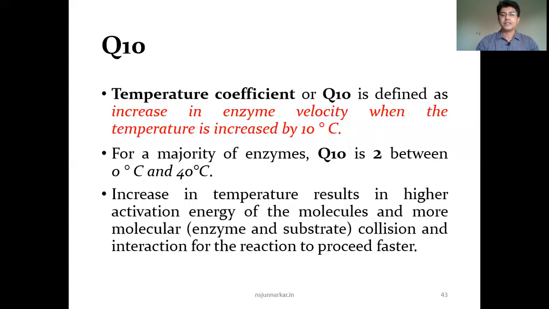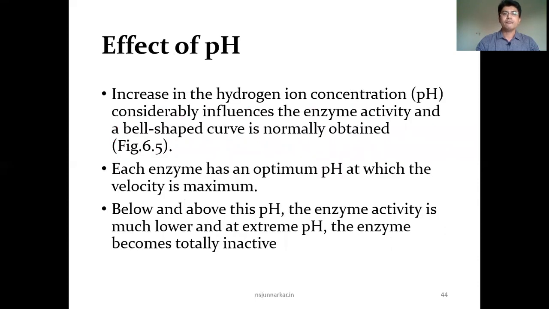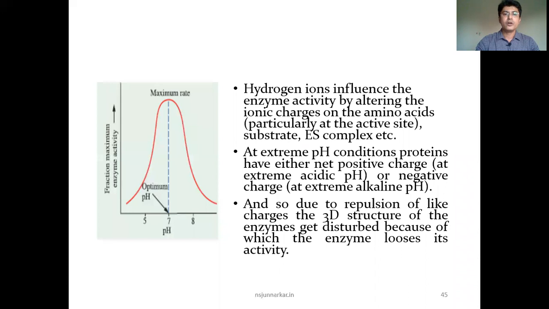Effect of pH is another factor which affects the activity of enzyme. According to this also, as the pH increases, the reaction rate also may increase and tends to be a maximum or optimum at a particular pH, and later on the increase in the pH may result in a drop in the activity.